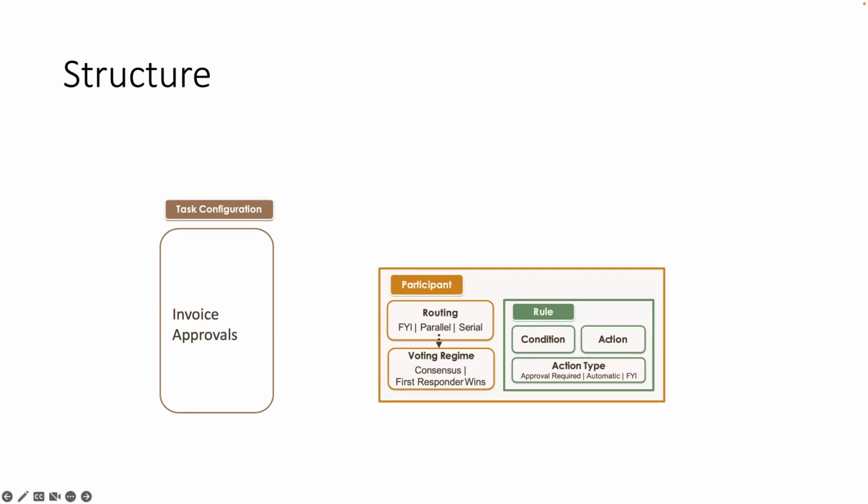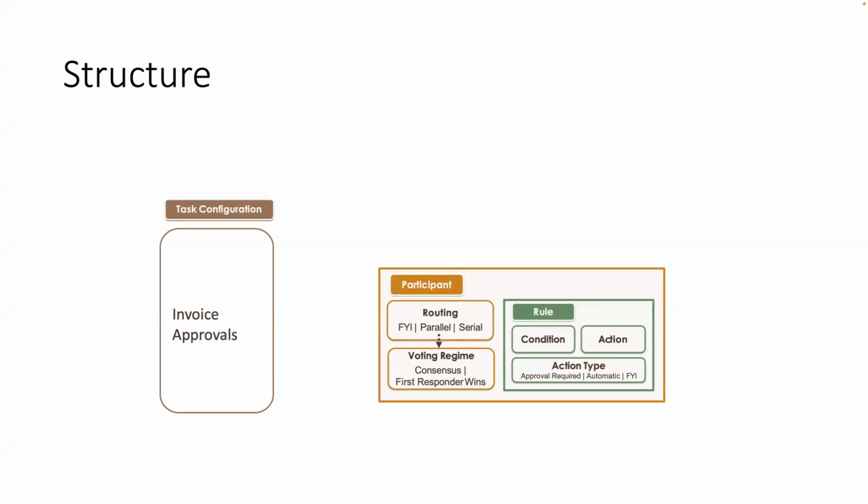Parallel can be assigned to multiple people at the same time. A serial can be assigned to one person at a time, according to the defined routing. You can also have a single participant within this participant type, so one person acting on behalf of a group of people. This is where you have something called first responder wins.